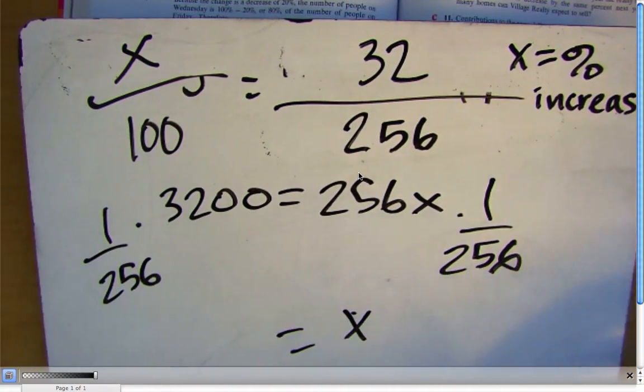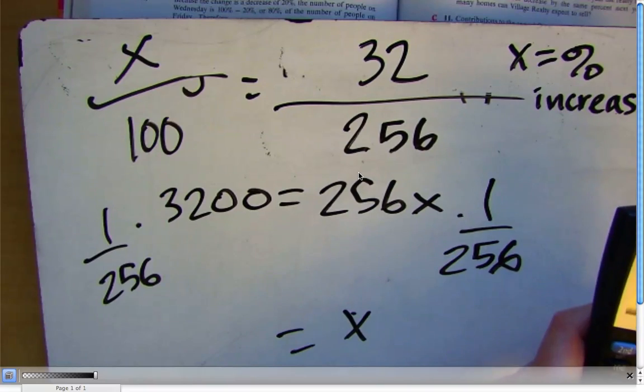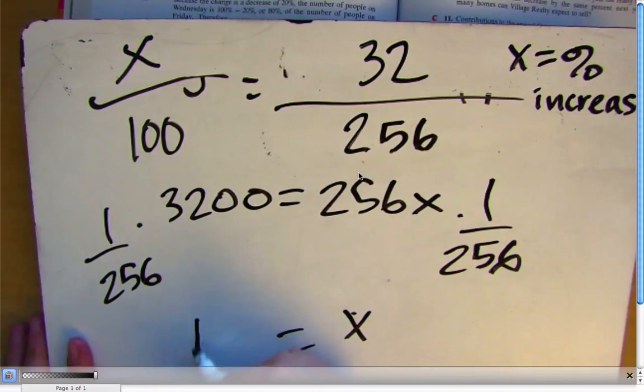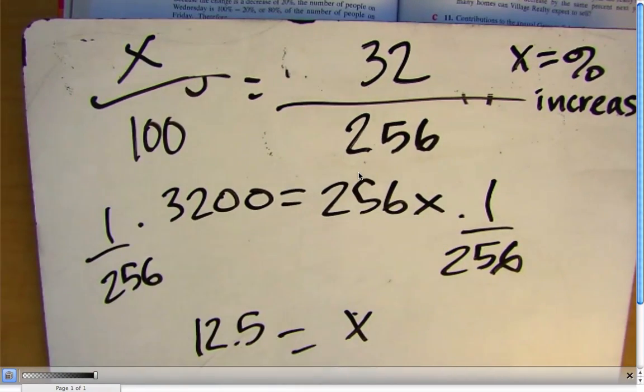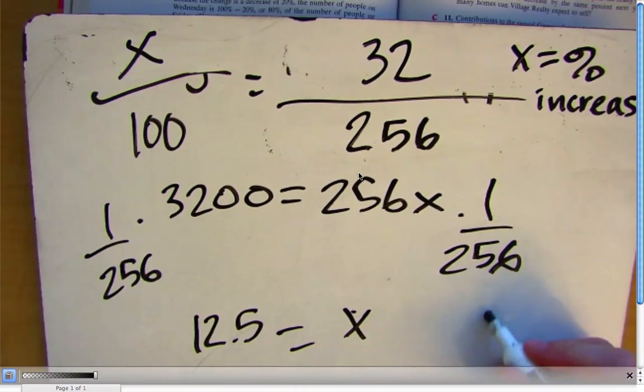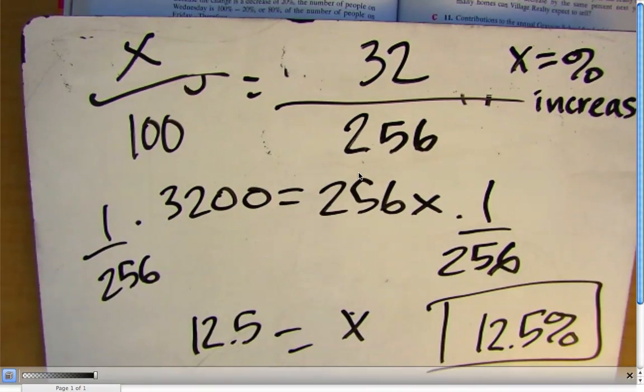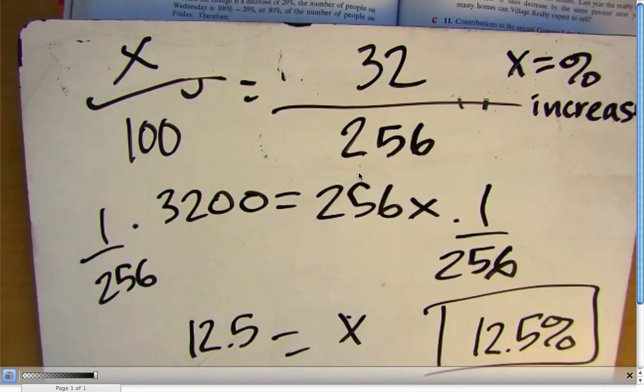We find out the percent increase once I type it into my calculator is 12.5. And since I'm using proportions, that's already my percent. So 12.5% is the amount that the chess club attendance increased by.